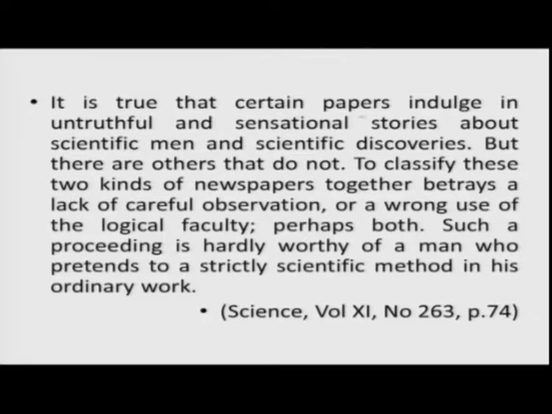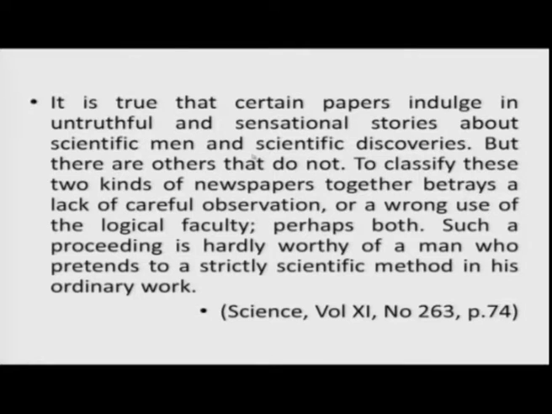The text here mentions that there is some information about some papers indulging in untruthful and sensational stories. But does the text stop here? There is something else. You will see that the writer here then talks about a different category of newspapers.